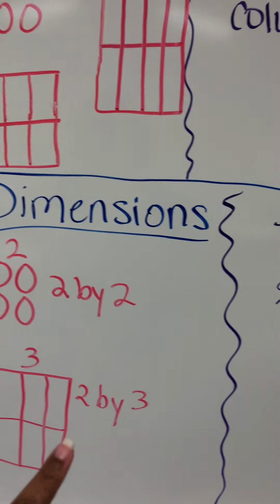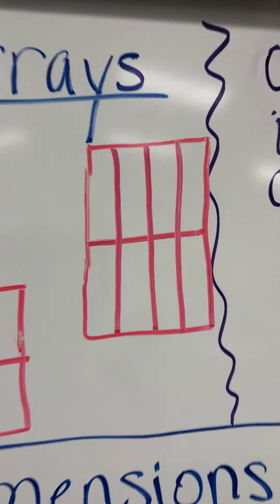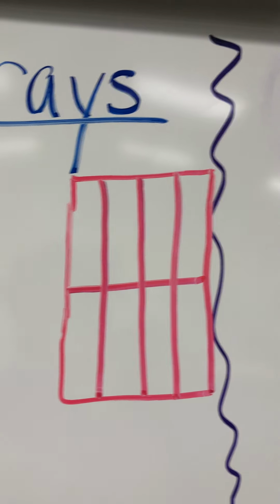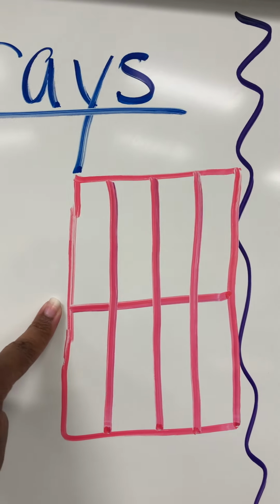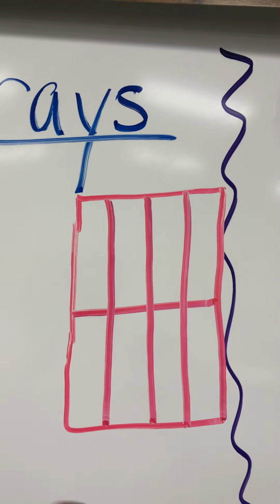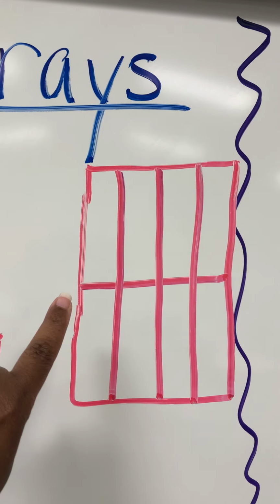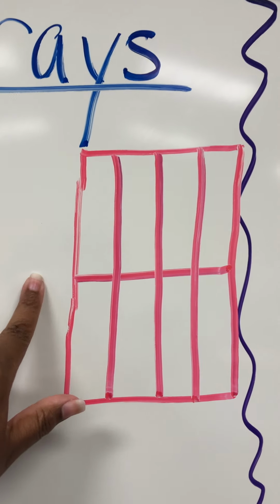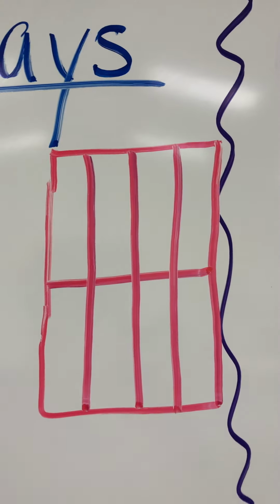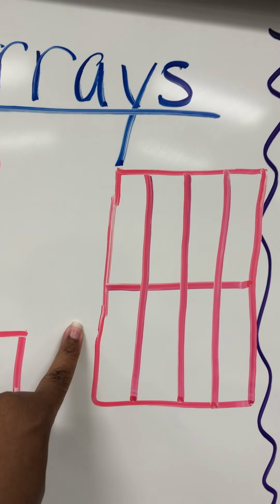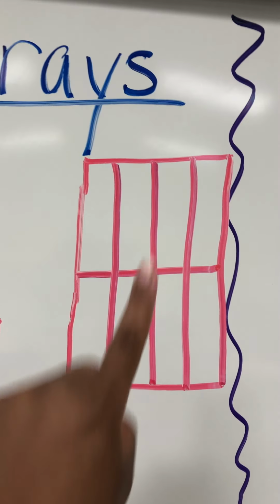Miss Downing did not label a third, but I'll just say it orally with you guys. This right here is a 2 by what? Because remember, we're thinking about rows and columns when we're labeling our dimensions. This is a 2 by 4 array, okay? Those are the dimensions because I have 2 rows and I have 4 columns.